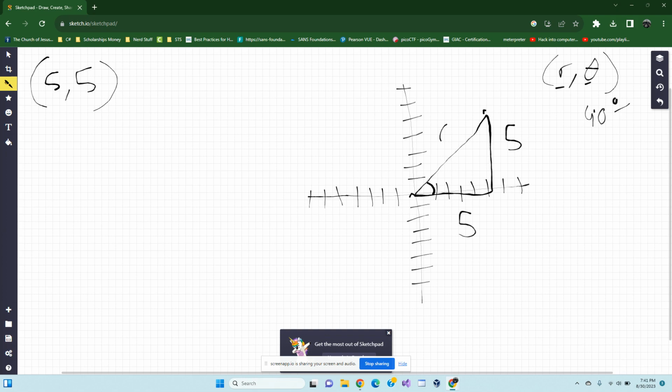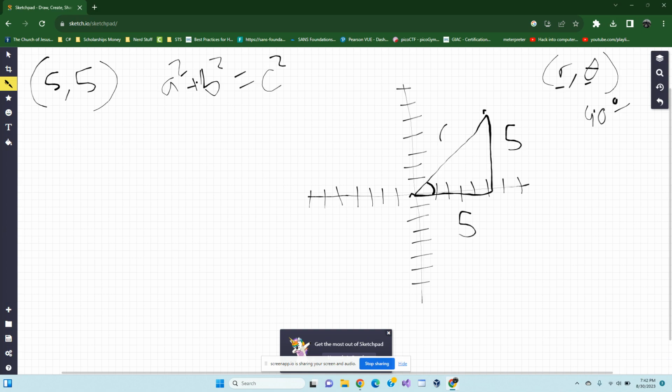So finding r is easy. Forget what I said about absolute value, we don't need it. Remember, finding the hypotenuse of a triangle is a squared plus b squared equals c squared.